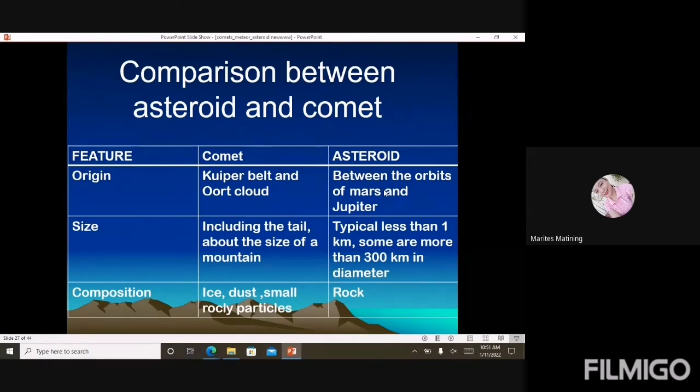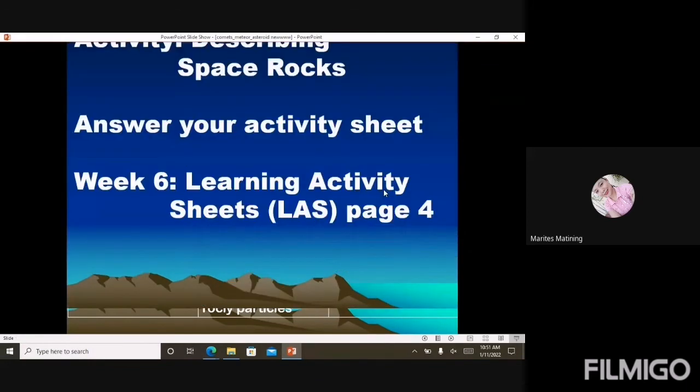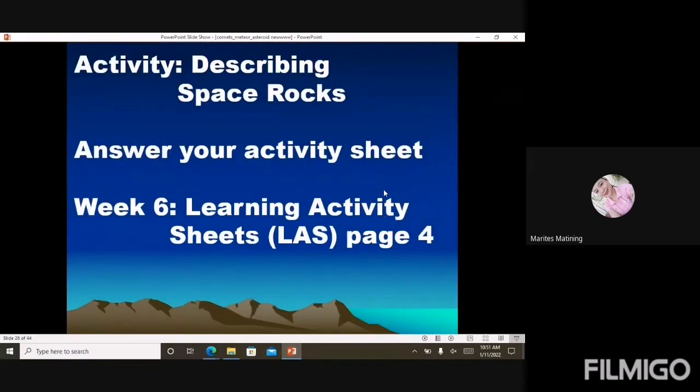Pure rock. How about meteoroids? Actually meteoroids came from the remnants of asteroids and comets. Yeah. So, describing space rocks, wag na ito. Nasa last nyo na yan.